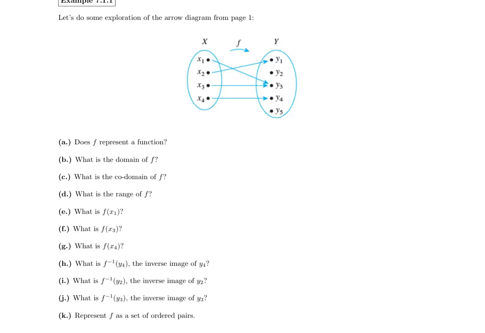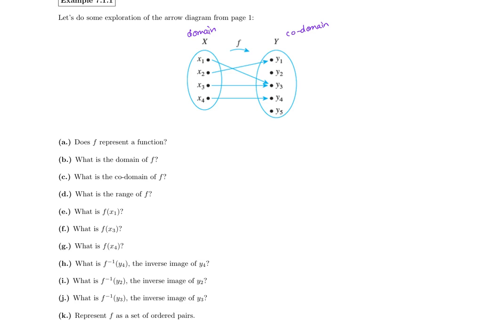Let's do a little bit of exploration with the arrow diagram from the last slide. Here we have a function f that's mapping from domain X to codomain Y. Here is our domain X and our codomain Y. The elements in the domain of f are the elements in the left circle. That is the answer to part B. What is the domain of f?